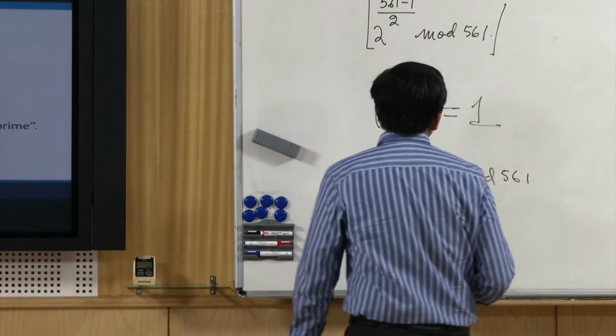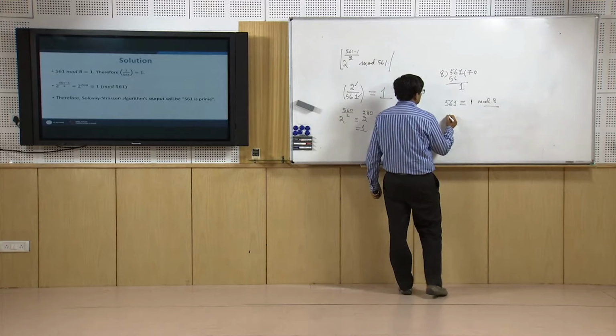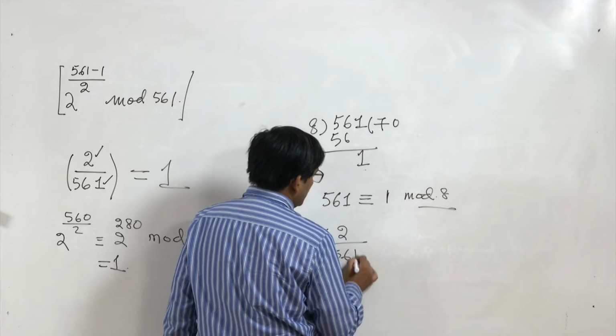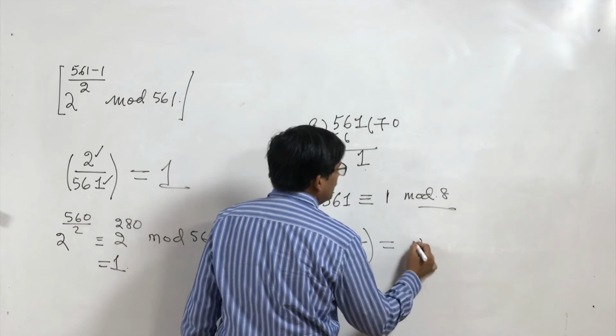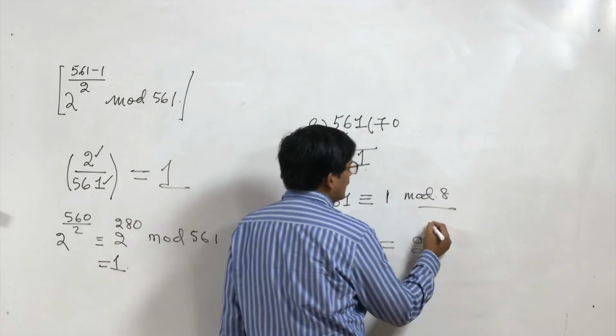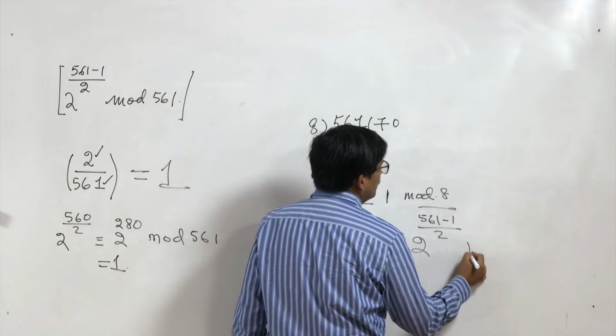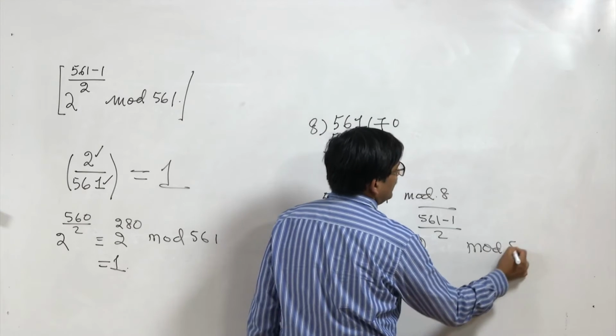Thus, we see that 2 by 561 is equal to 2 to the power (561 minus 1) divided by 2 modulo 561.